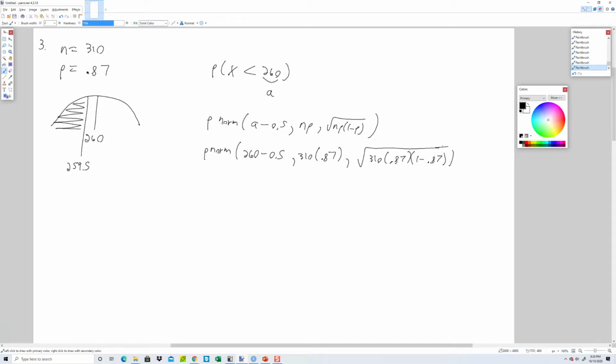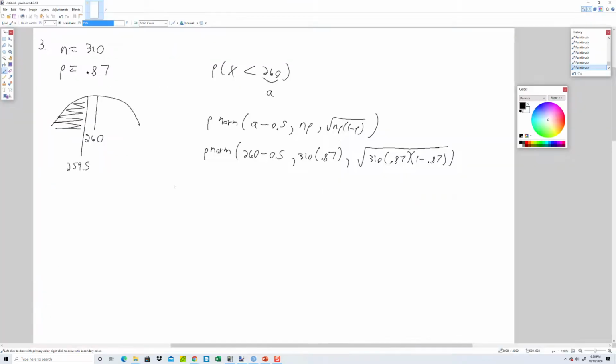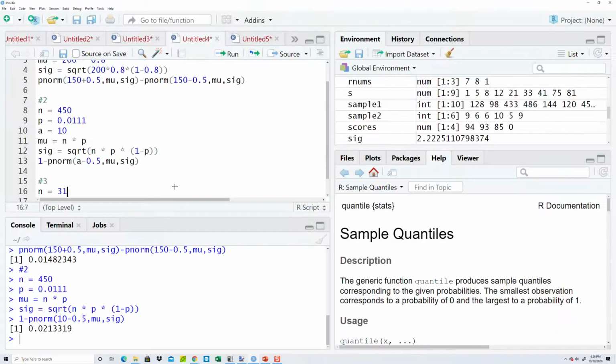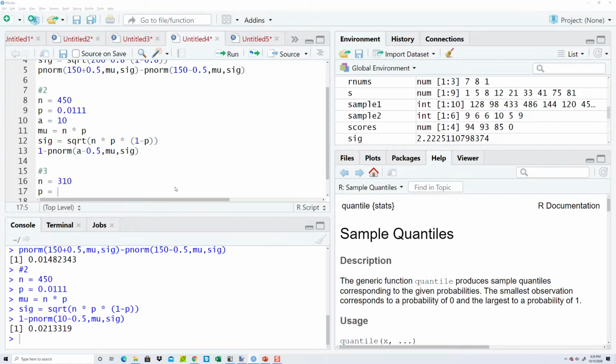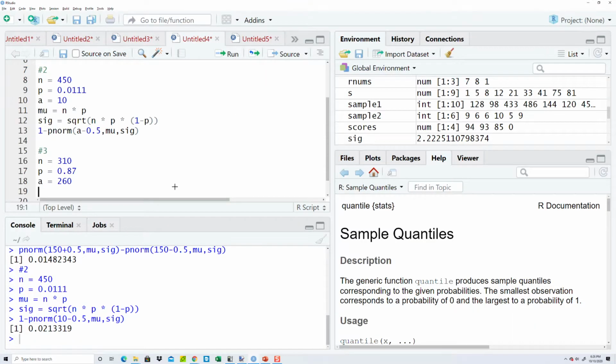Although I'm going to do it a little bit cleaner. Okay. N is going to equal 310. P is equal to 0.87. A is equal to 260. Mu is equal to n times p.